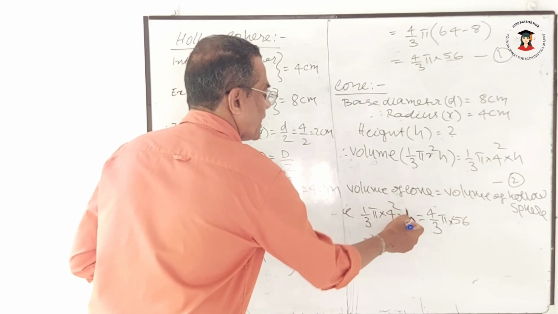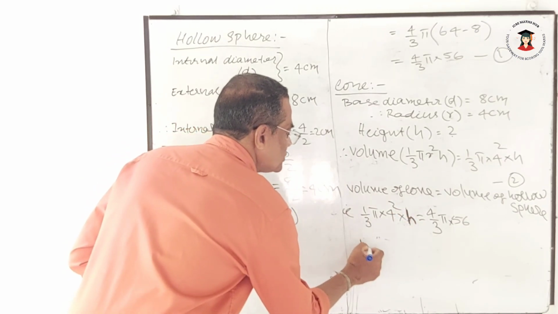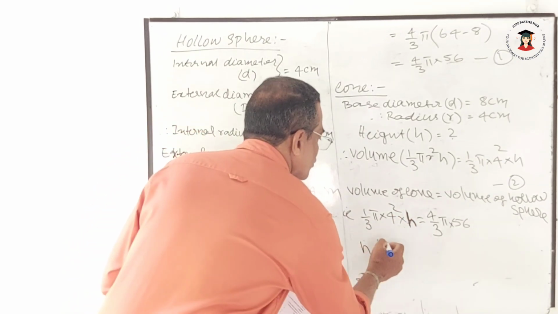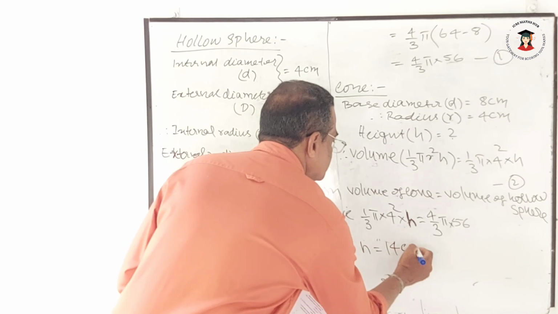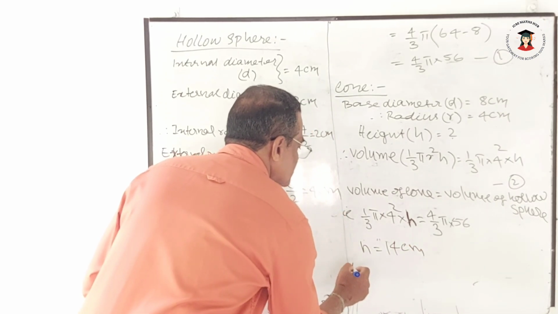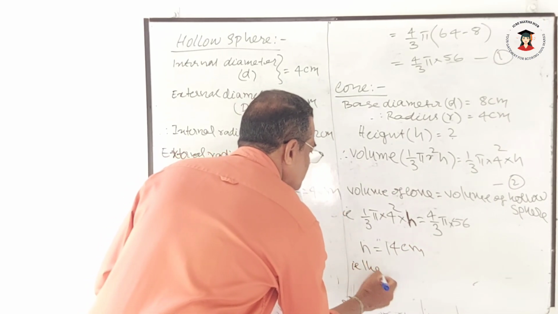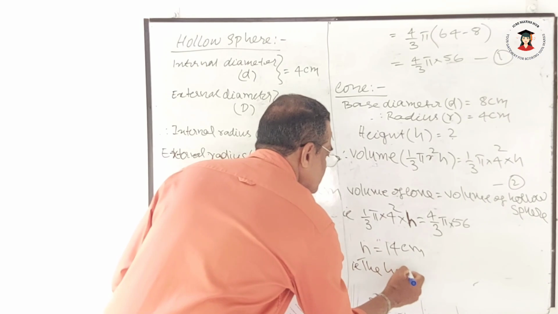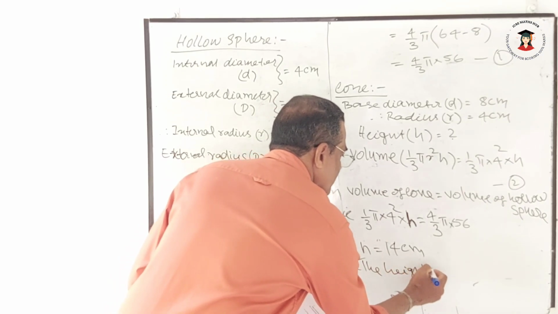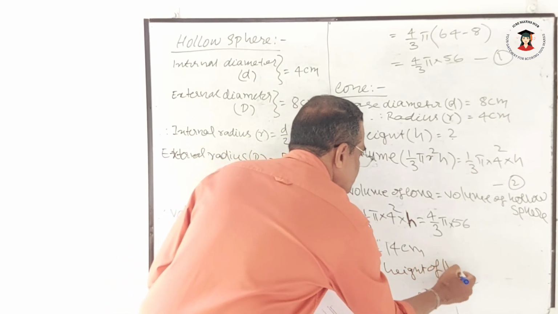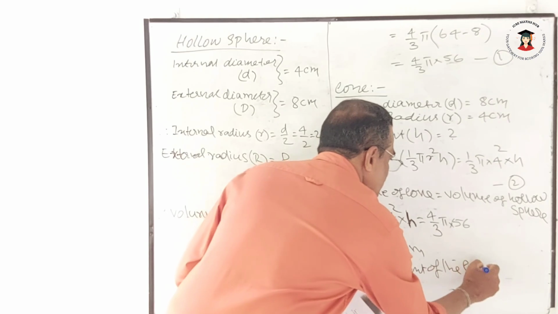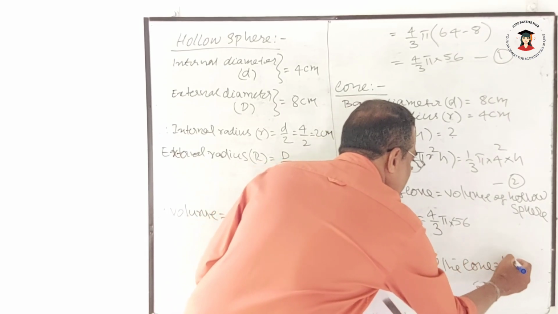From this, the height of the cone h is equal to 14 centimeter. That is the height of the cone, equal to 14 centimeter.